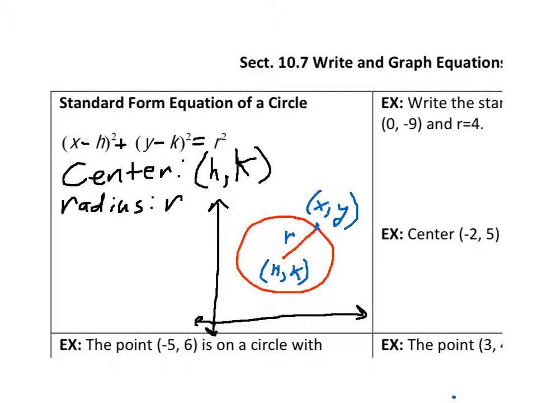Here's the equation if you want to find the radius. All right, so if you want to find just r, r equals the square root of h minus k squared plus y minus k squared.